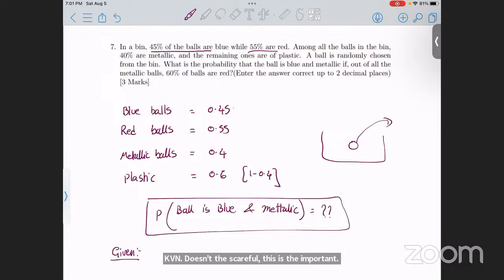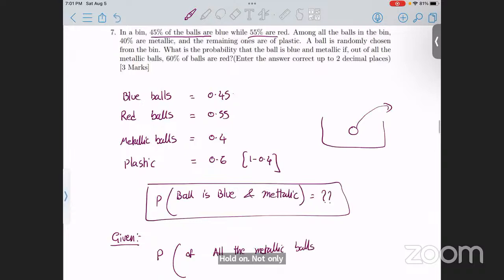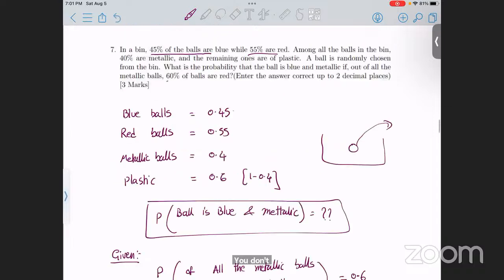Given that of all the metallic balls, 60% are red. In that 40%, red balls are 0.6.